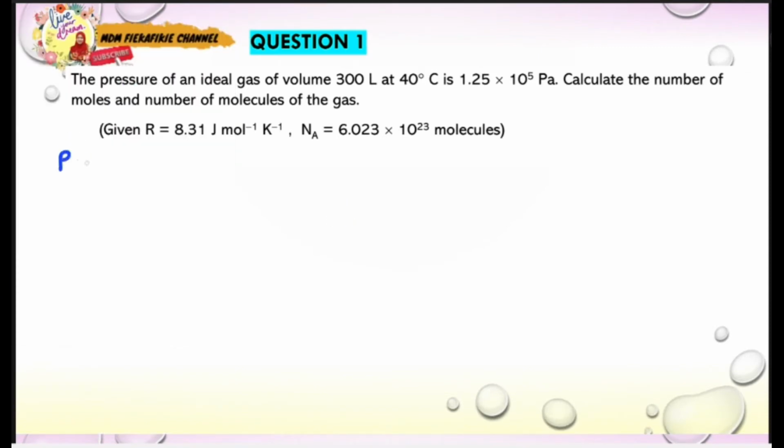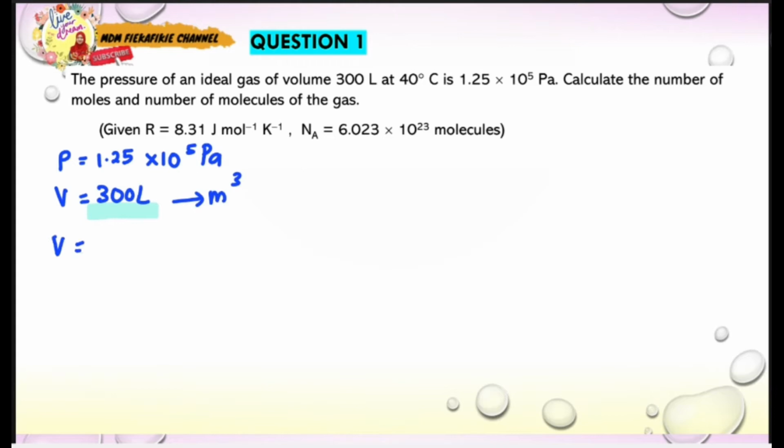So we have P is equal to 1.25 times 10 power of 5 Pascal, and then volume is equal to 300 liter. For the volume, we have a little trick here, where we need to convert 300 liter to meter cube.